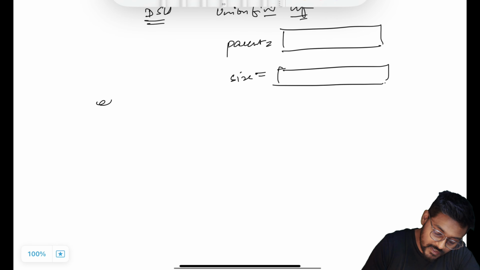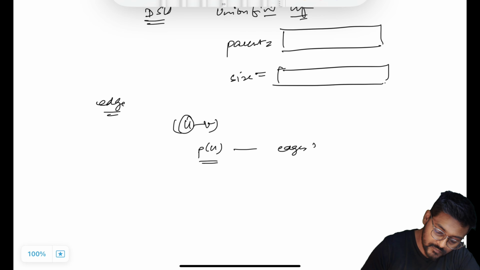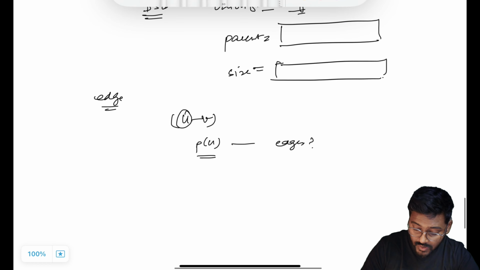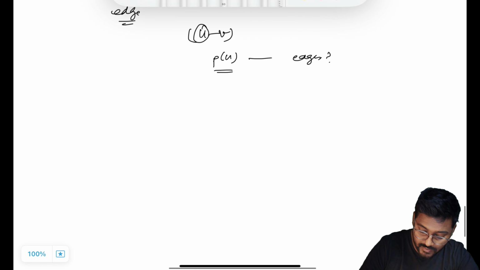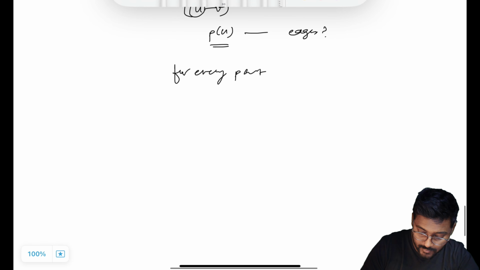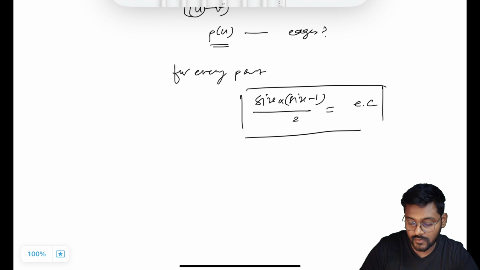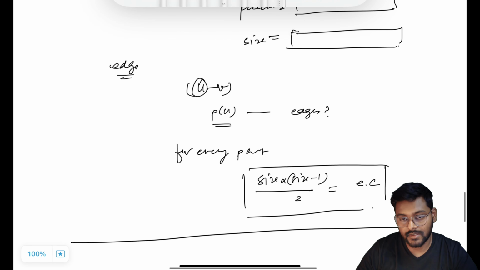And for every edge from u to v, for every parent of u, count the number of edges, how many edges are there, and for that we are just going to put the formula for every parent. For every parent, what I'm going to do is size into size minus 1 divided by 2 should be equal to the edge count. So this formula we have to use, and then we'll be able to get the answer.